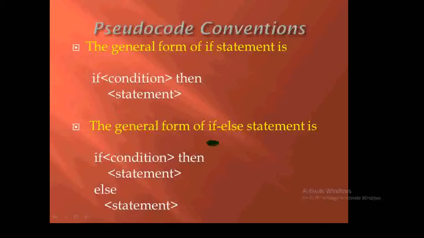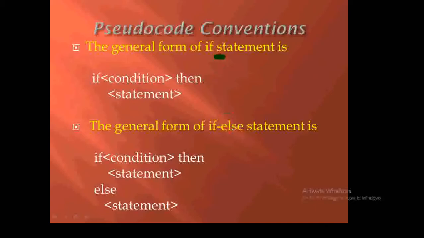The general form of the if-else statement. The drawback of the simple if statement is that we can specify the statements to be executed when the condition becomes true, but we are not able to specify them when the condition becomes false. To specify the set of statements to be executed when the condition becomes false also, we use an if-else statement.